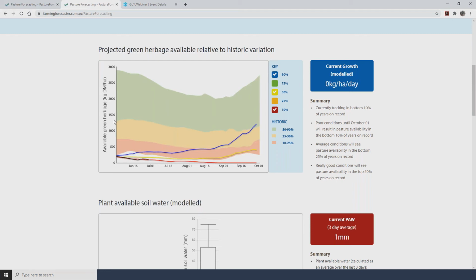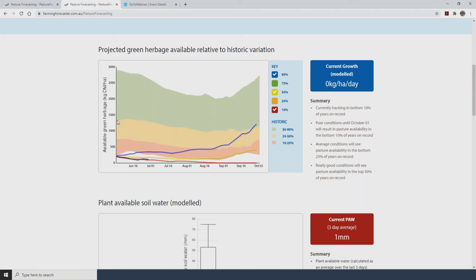Don't get too hung up on these numbers on the side, and don't be too concerned if they don't match exactly what you're seeing at home. Every property is going to be different, and these graphs will never replicate your situation exactly. Rather it's about looking at the overall trends from a couple of relevant sites and then applying the key messages to your farm and decision making.